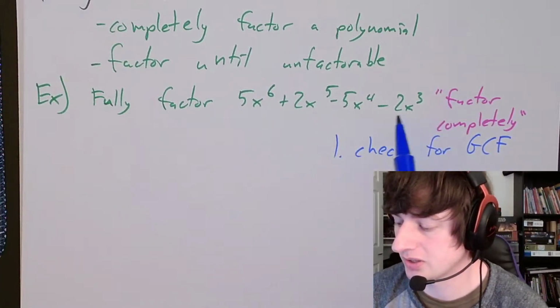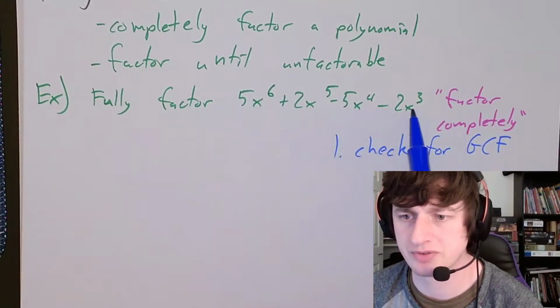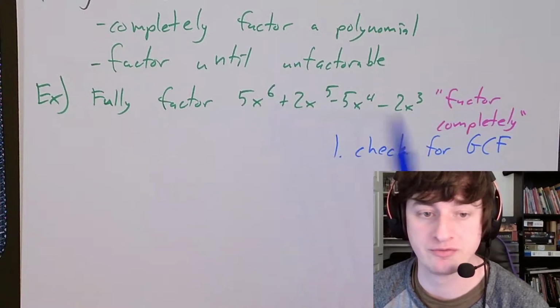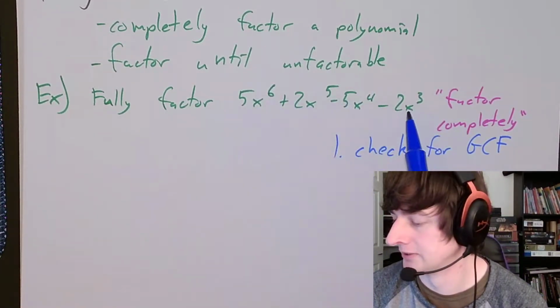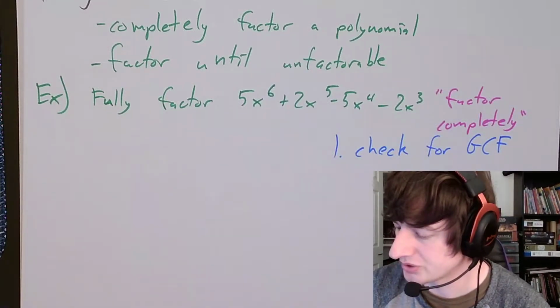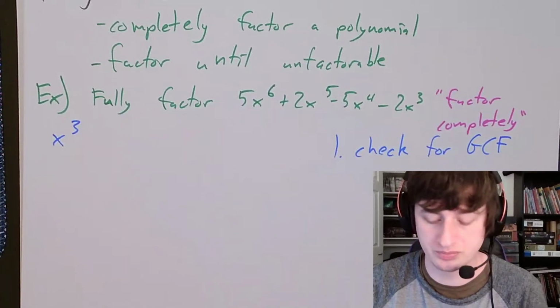Is there something they all have in common? We usually check the numbers in the front, 5. Well, we can't divide all of these by 5 evenly. And we check the variables at the end. Can each of these terms be divided by x cubed? And the answer is yes. The greatest common factor is x cubed.